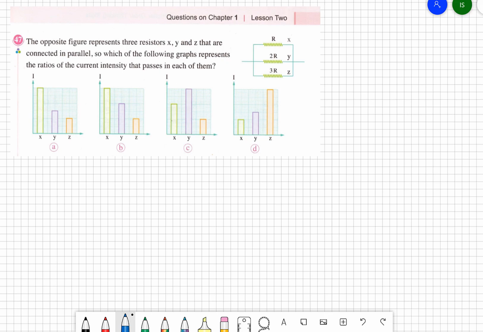السؤال 47 بيقول The opposite figure represents three resistors X, Y and Z زي ما انت شايف, that are connected in parallel متصلين مع بعض على توازي.